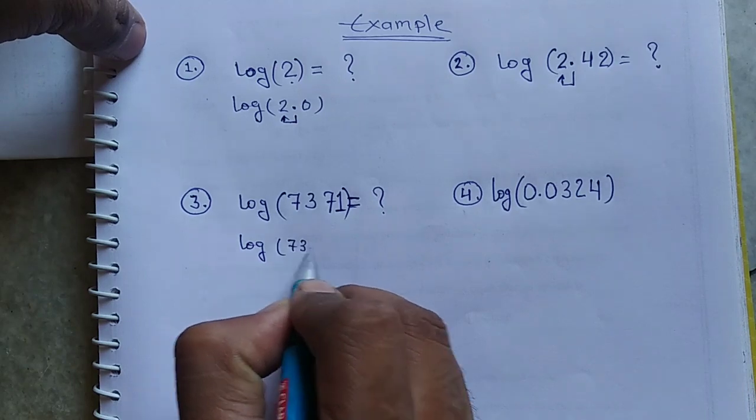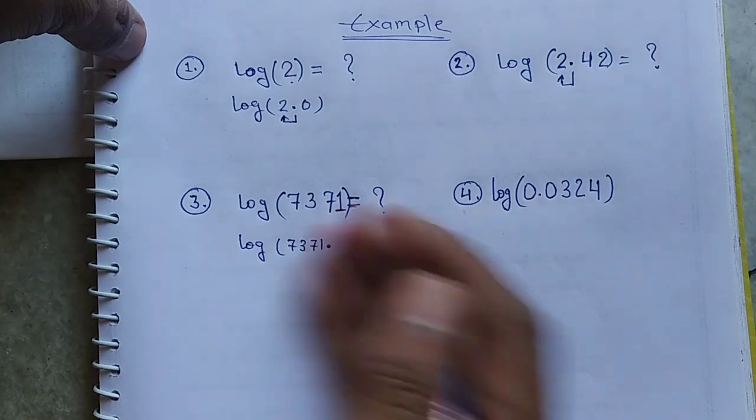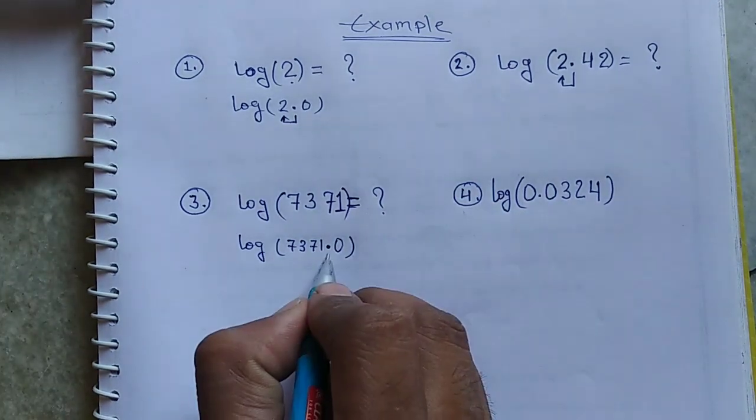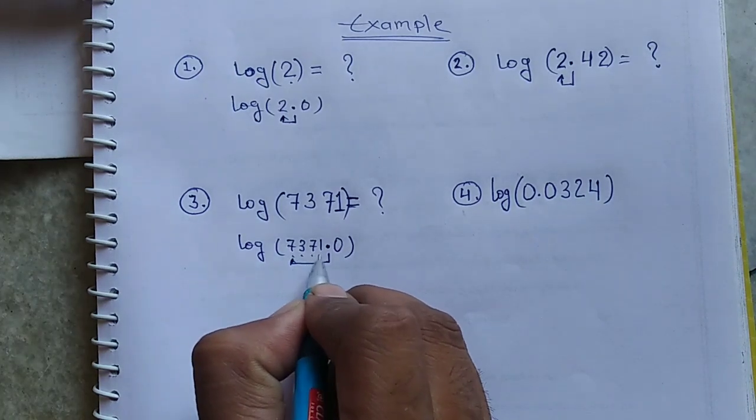To explain, I am putting the decimal point over here, because the decimal is at the most right part, after 0. So here before the decimal there are 4 digits, 1 2 3 4.